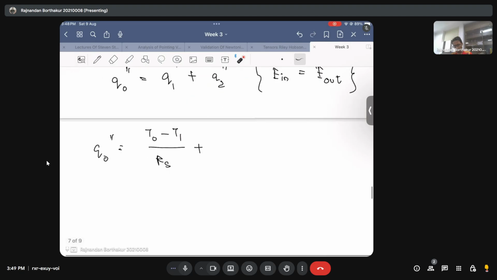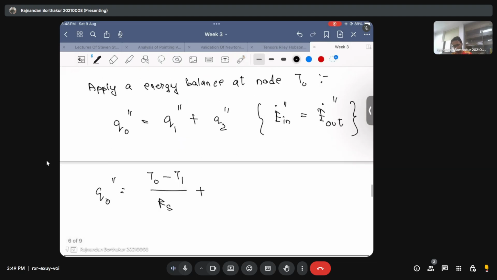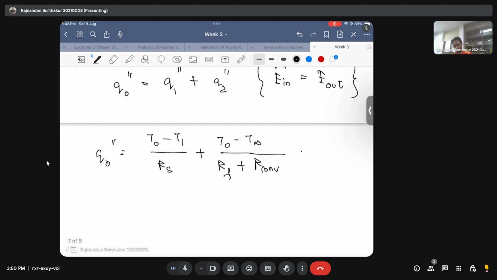So Q2 double prime is T naught minus T infinity divided by Rf, the conduction resistance of the film, plus Rconv, the convection resistance. Now all these quantities are known to us, which is sufficient to evaluate Q naught double prime. It's just formulas that we need to use.